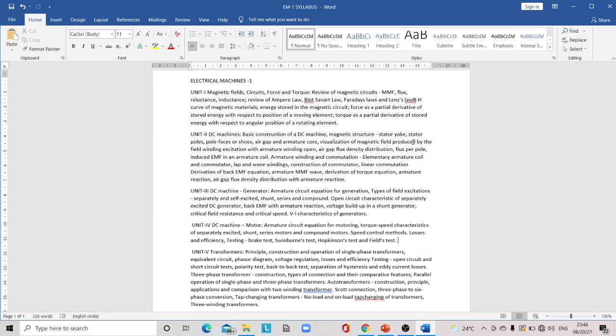Critical field resistance and critical speed I covered at the start of the third unit, before the first meet. Please refer to that video for critical field resistance and critical speed. These two topics are very important for short questions. Based on types of DC generators we have also seen various numericals, which are very important.